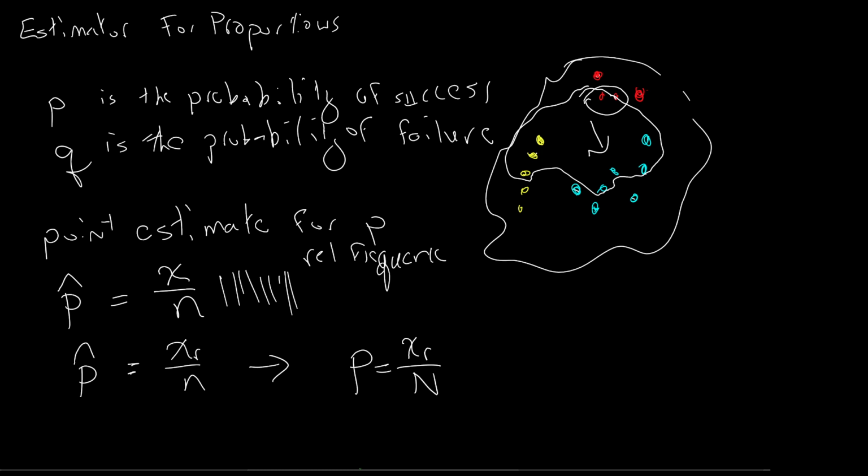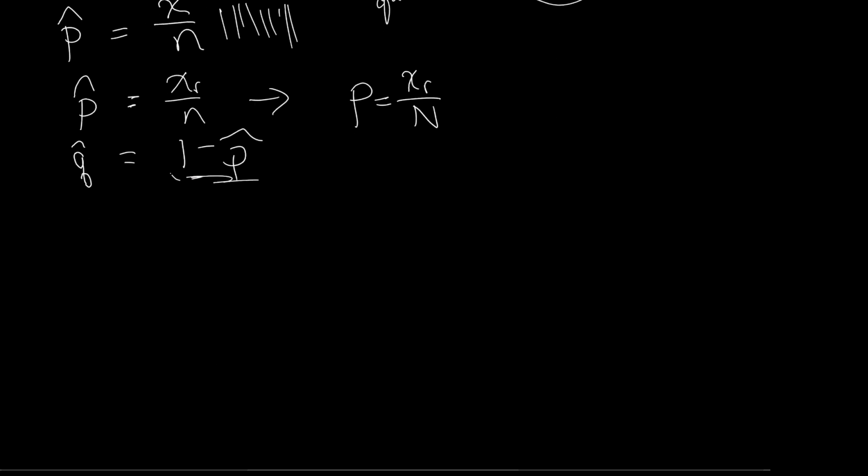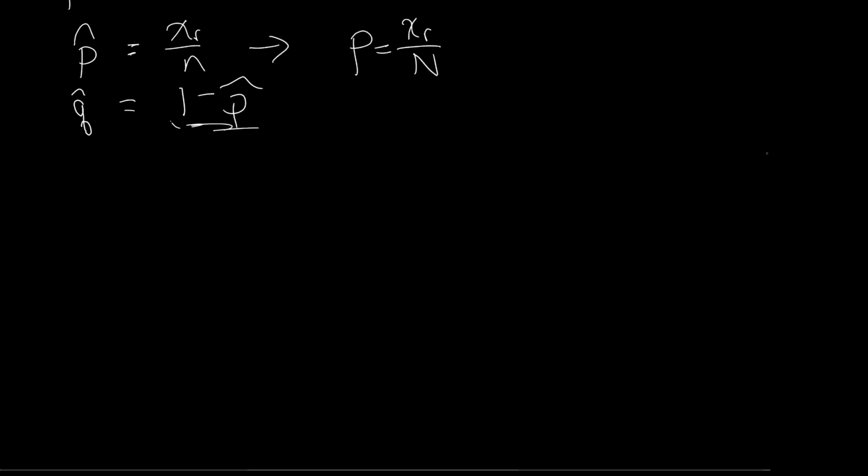Our estimator for failure is 1 minus p hat, because in the probability space there's either success or failure, we've made it binomial, and the complement is 1 minus p. So failure is always 1 minus the success, and success is 1 minus the failure. Sometimes you know one proportional value better than the other.